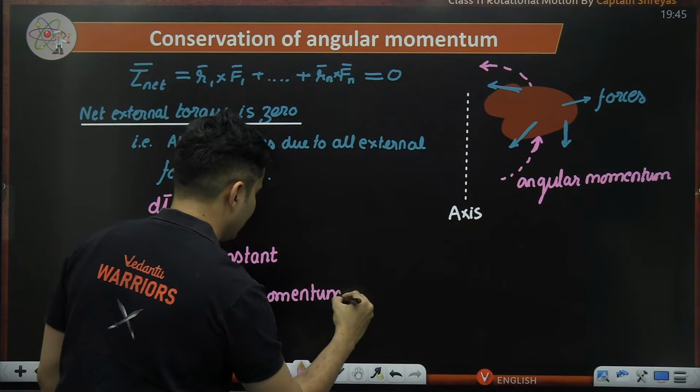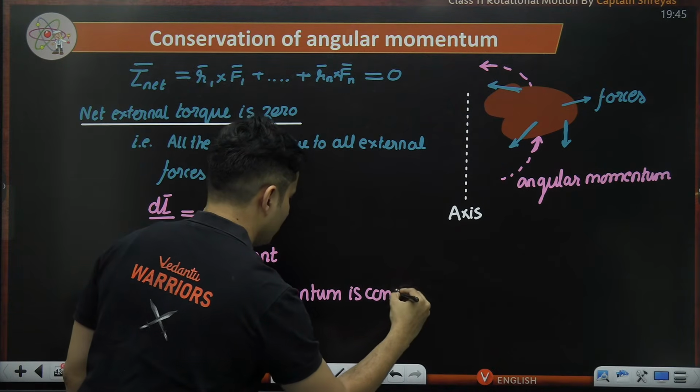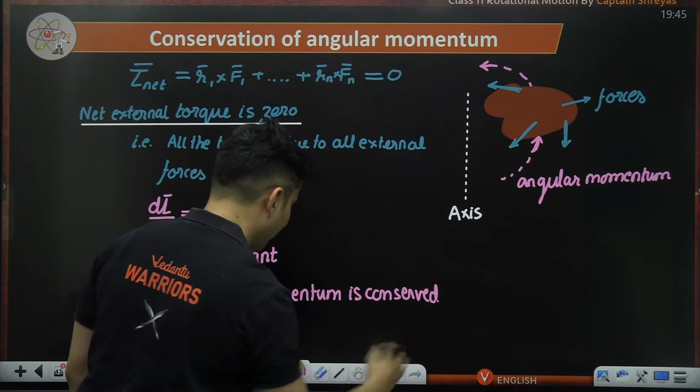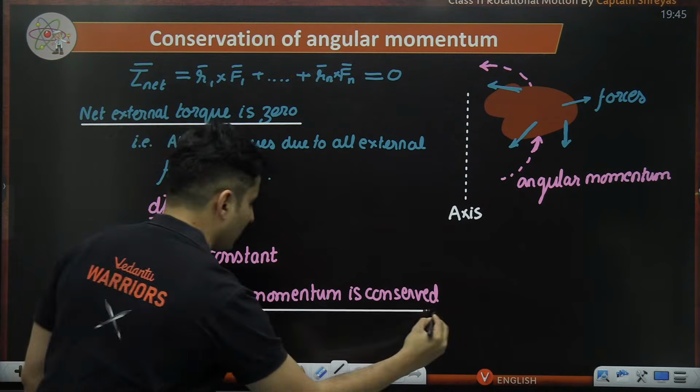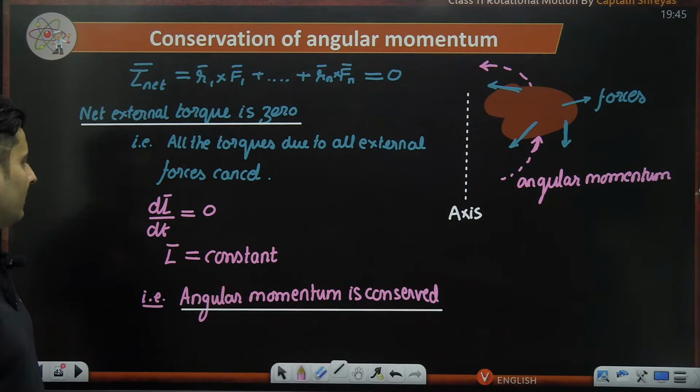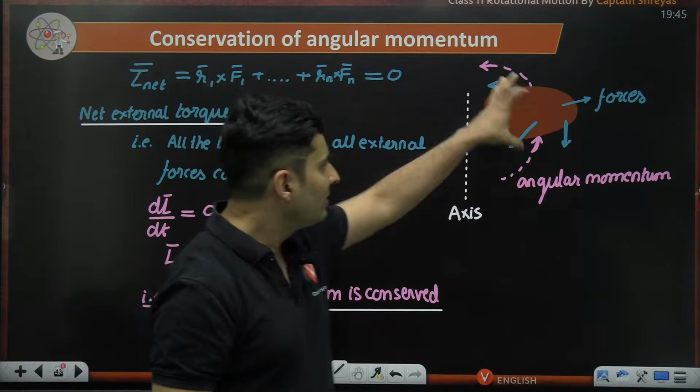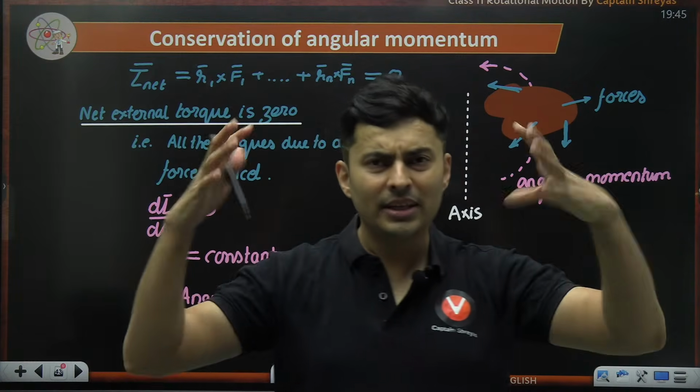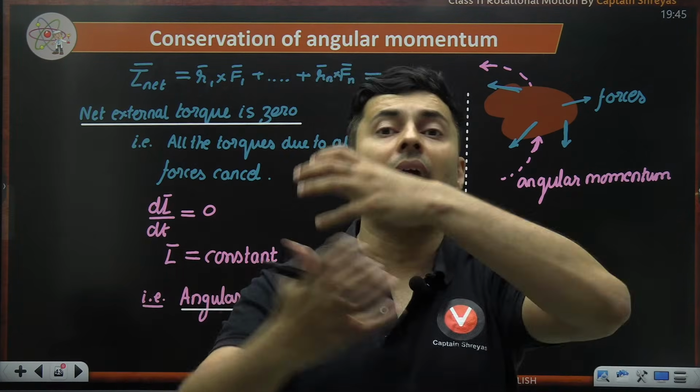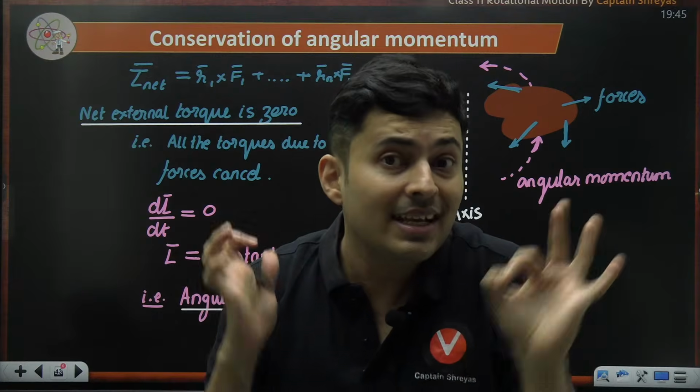It maintains it. Angular momentum is conserved. Very, very important line. This is the principle of conservation of angular momentum. So if there is a body which is rotating and there is no net torque, it continues its angular momentum. I am not saying angular velocity.